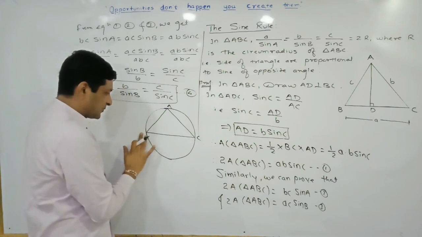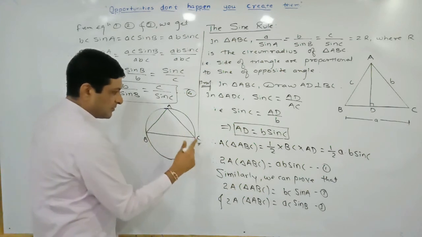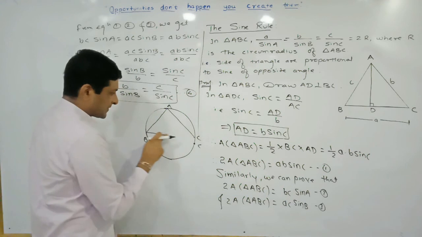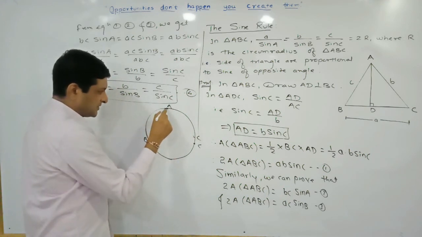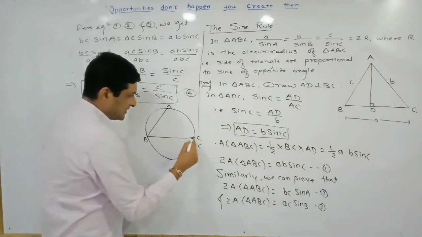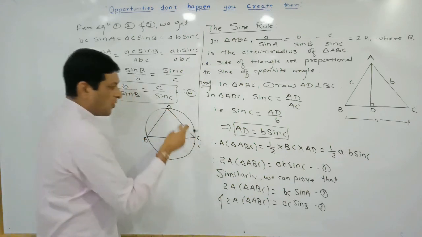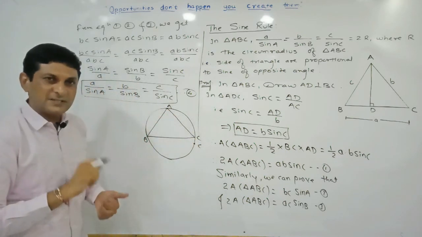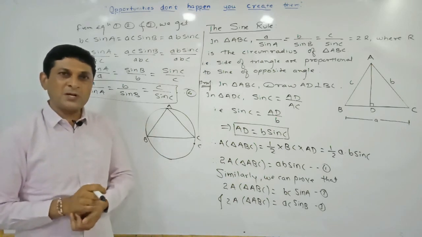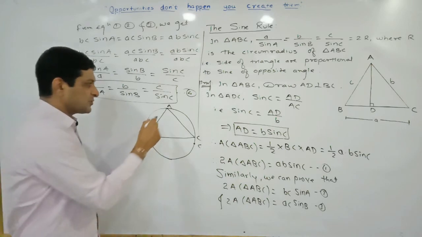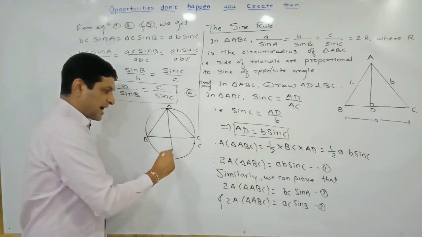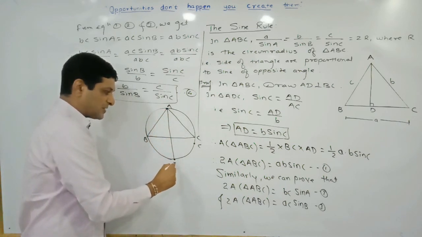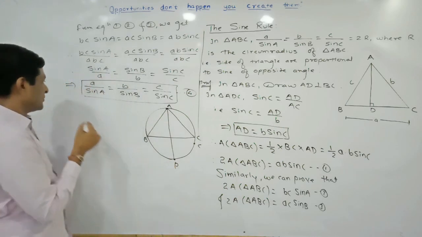Since all its vertices pass through the circle, such a circle is called a circumcircle. So from this vertex A, draw a diameter, and let this diameter intersect the circle at point P.